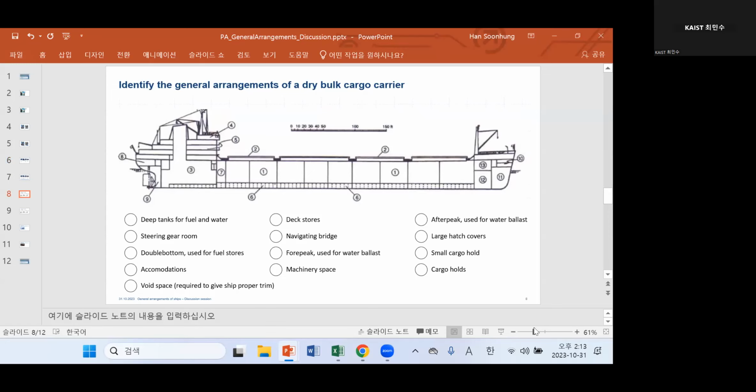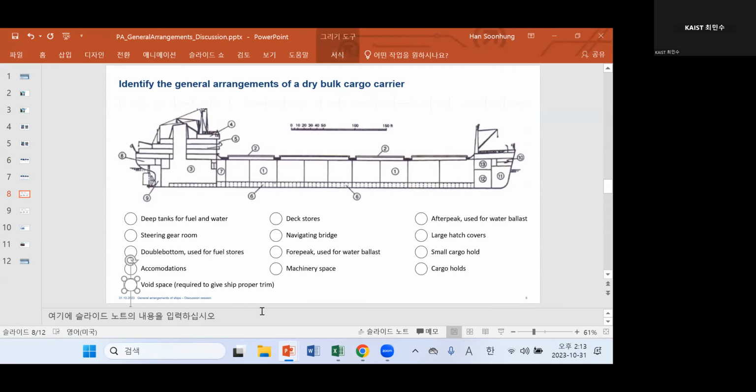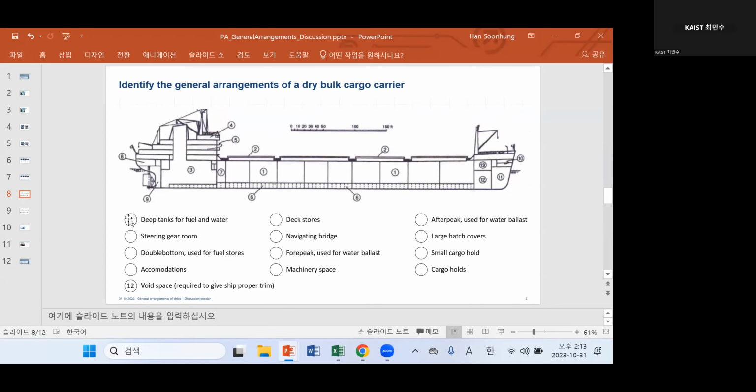Yeah. Very good. 6 is for deep tanks for fuel and water. There's just one. No, excuse me, it's the double tanks for fuel sources. Okay, so the double bottom is 6.